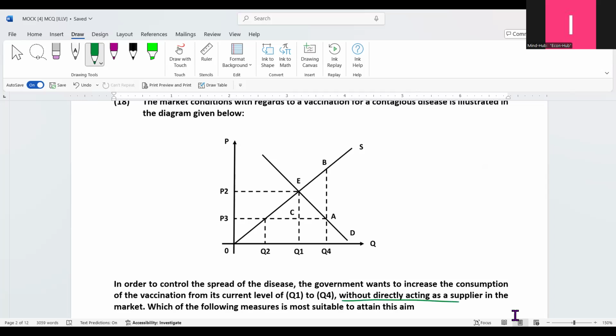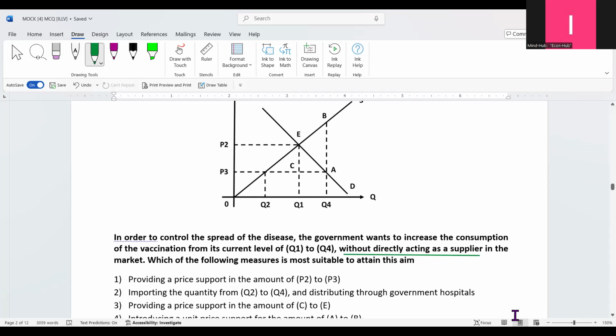Government doesn't want to get involved in the market, right? But they want to somehow influence the market, without doing any direct intervention, indirectly rather, to make sure the vaccine is consumed at the quantity of Q4 to control the spread of the disease. Which of the following measures is most suitable to attain this?